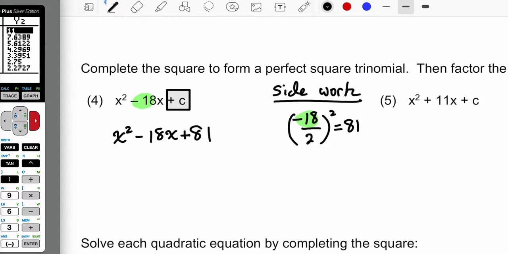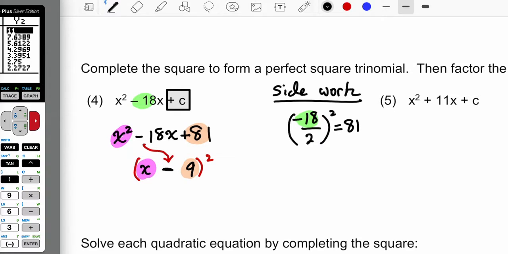Then to factor it, we know it's going to be a binomial squared, so we take the square root of the first term, we take the square root of the last term, and we carry down the sign of the middle term. So we're looking at x, a 9, and a minus to separate them.